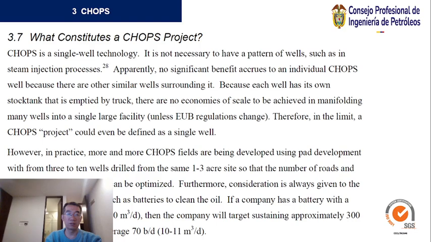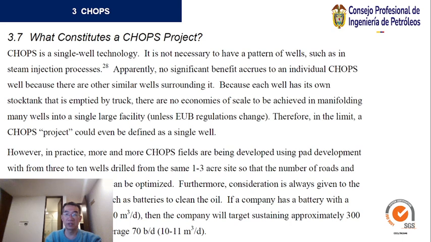However, in practice, more and more CHOPS fields are being developed using pad development with from 3 to 10 wells drilled from the same 1 to 3 acre site so that the number of roads and the length of service corridors can be optimized.